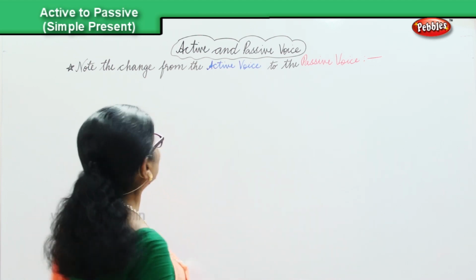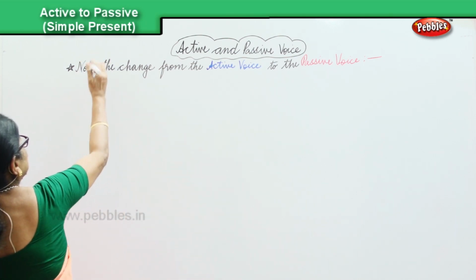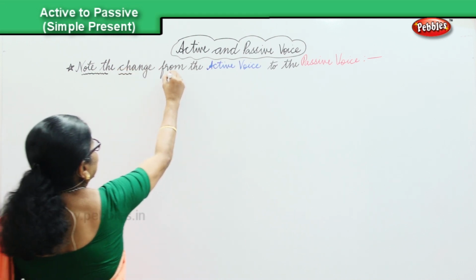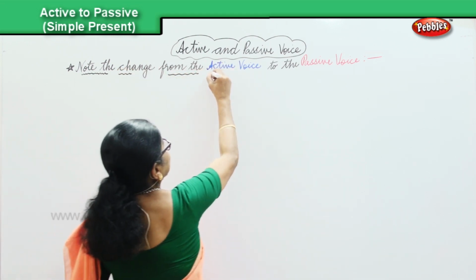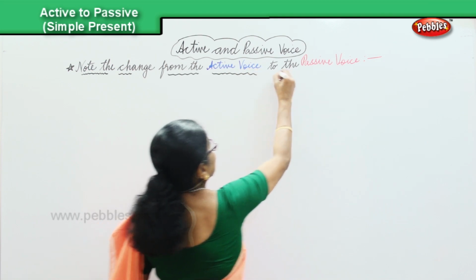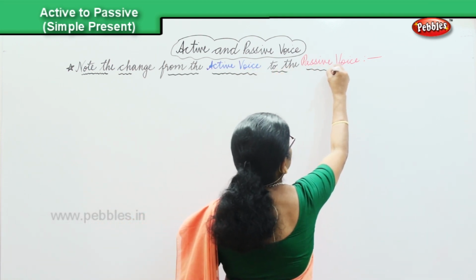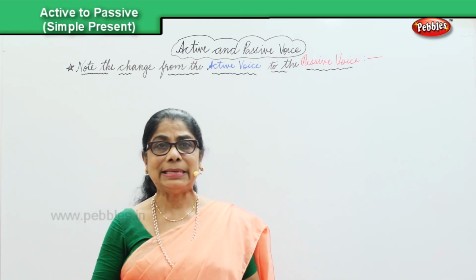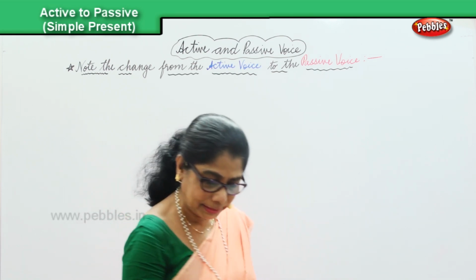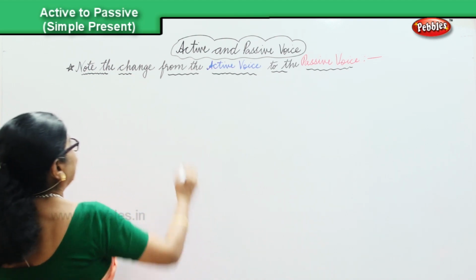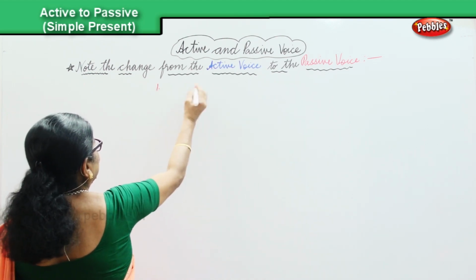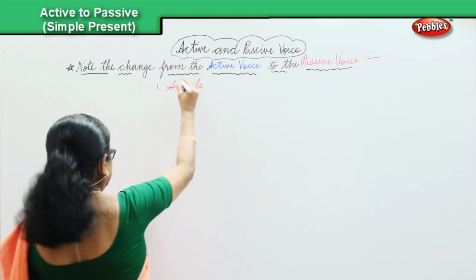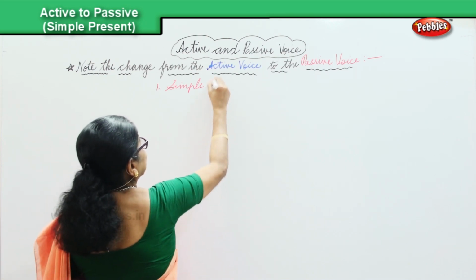Now, we're going to note the change from the active voice to the passive voice. The first kind we're going to do is the simple present. That's the number one. And we are going to do simple present.